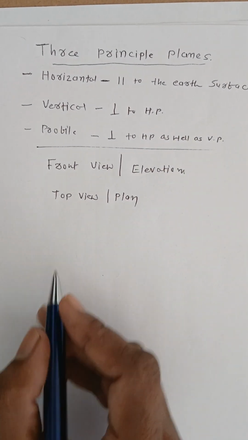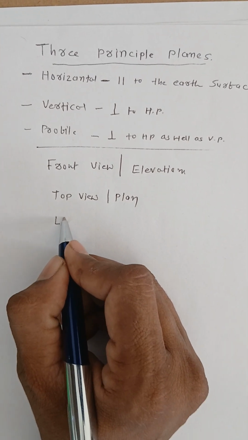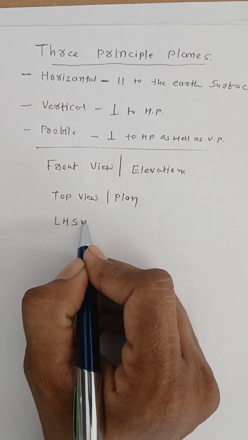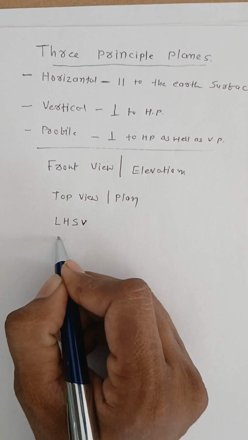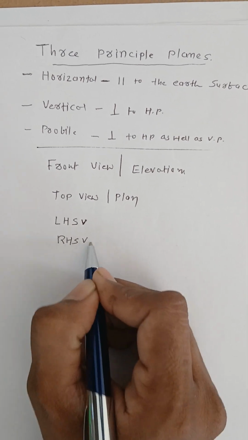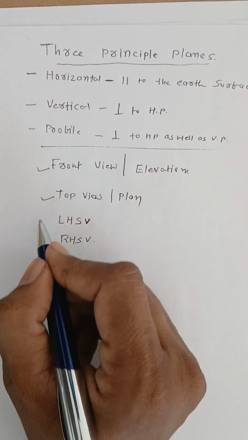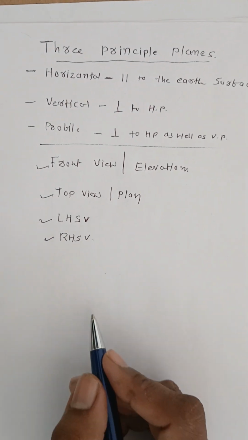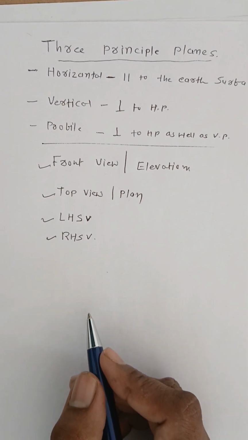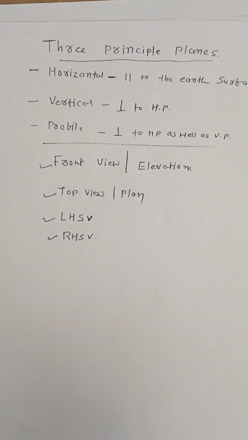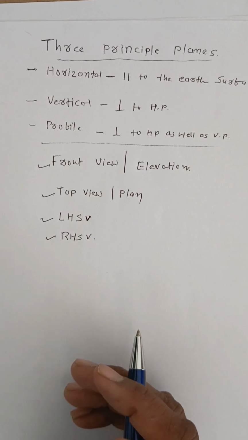If you visualize the object from left hand side, then it is known as left hand side view. If you visualize the object from right hand side, then it is known as right hand side view. So these are the four basic projections, or else we can say the views which are obtained by visualizing the object from different positions.